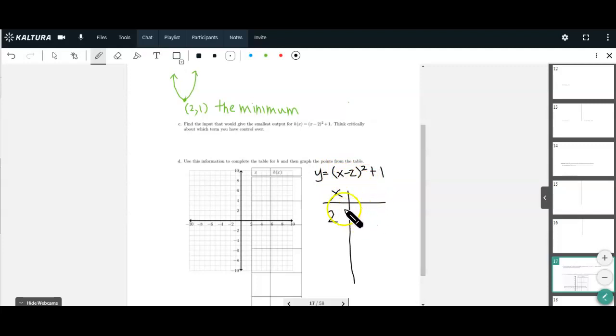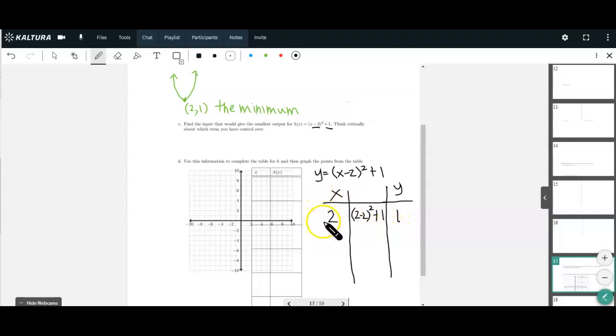So let me put 2 in there, so that's 2 minus 2, which is 0, squared is still 0, plus 1 gives me 1. So my y is 1. And that gave us the vertex. Remember we said those two things give us the x and the y of our vertex. So that's always a good one to pick.